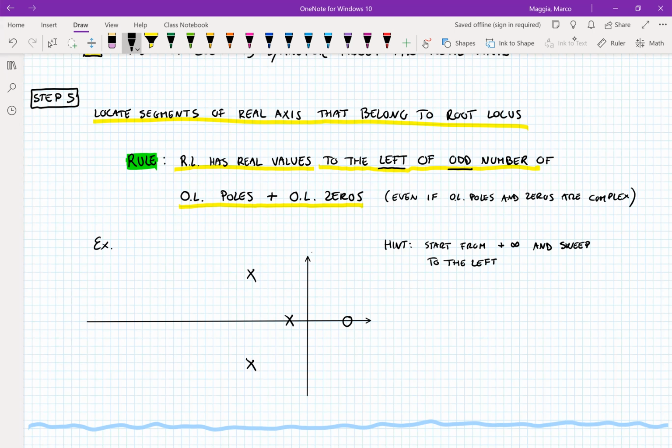Then we have another couple of complex conjugate open loop poles, and finally another open loop zero here. Totally random, arbitrary, I should say. Now, the trick here is to start all the way from plus infinity, so to the extreme right, and then sweep to the left, following the real axis.